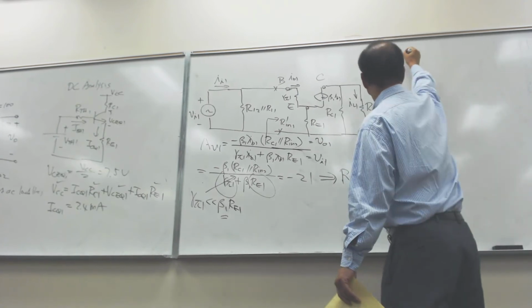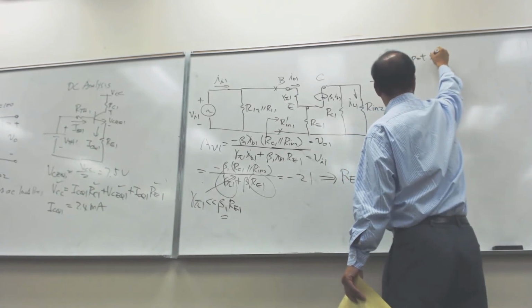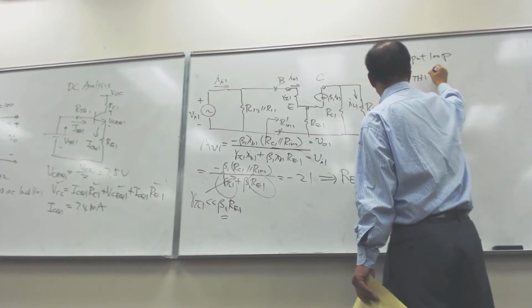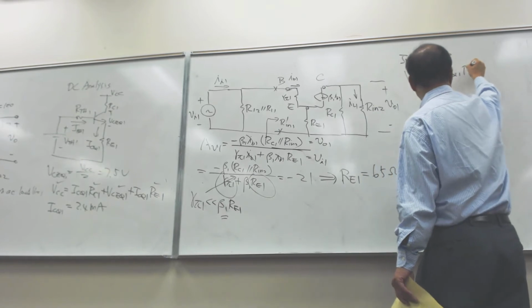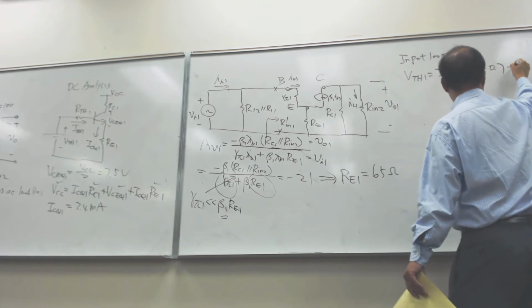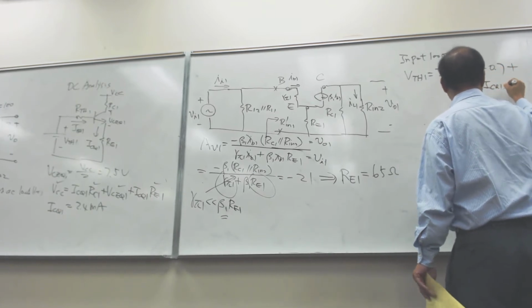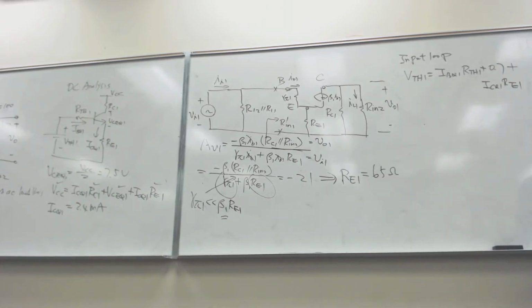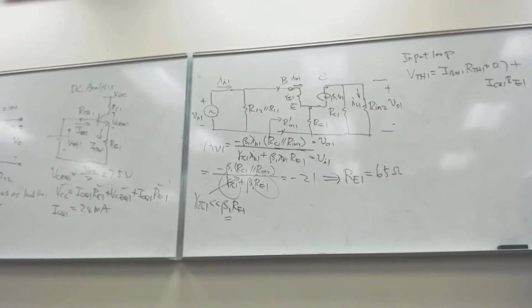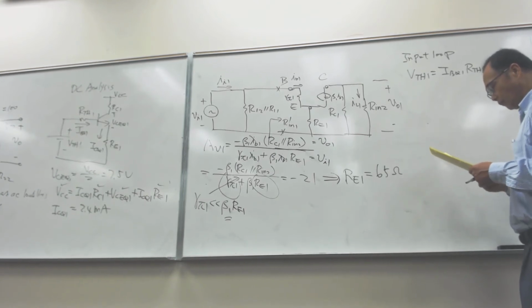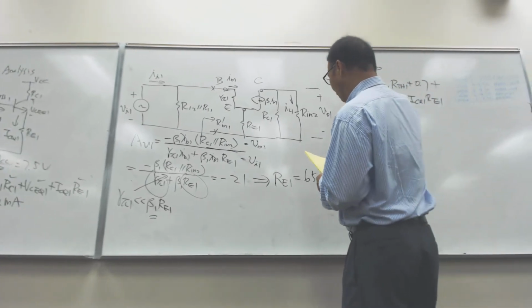Okay, now I can go to the input loop. Right? So VTH1 equal to IBQ1 RTH1 plus 0.70 plus ICQ1 RE1. This is known, right?